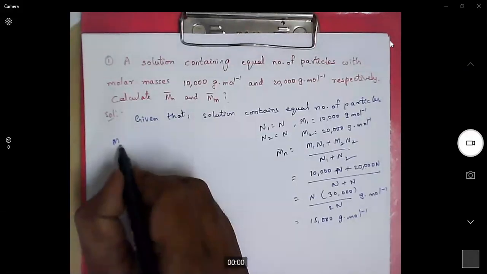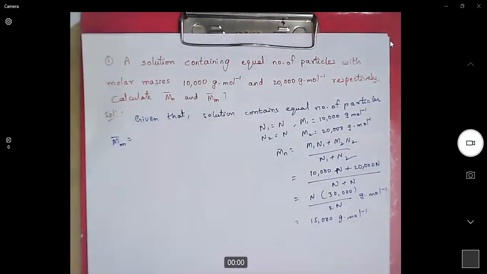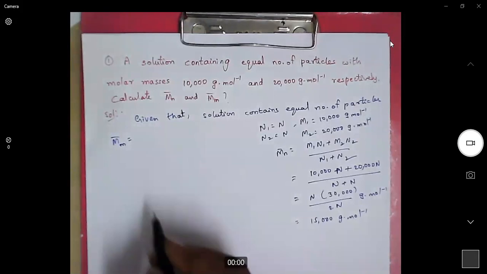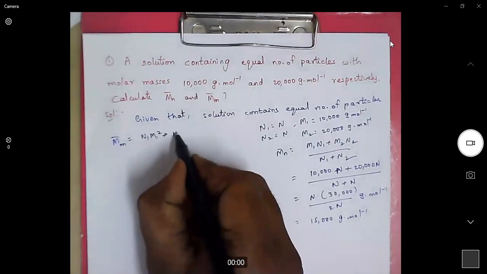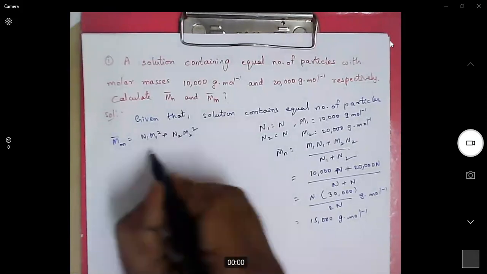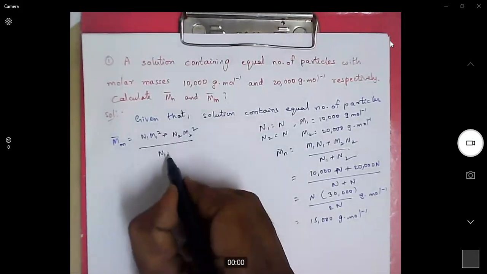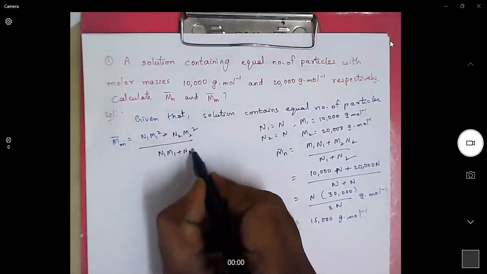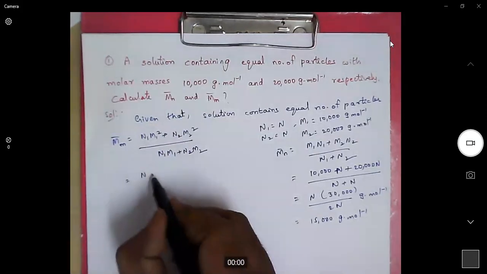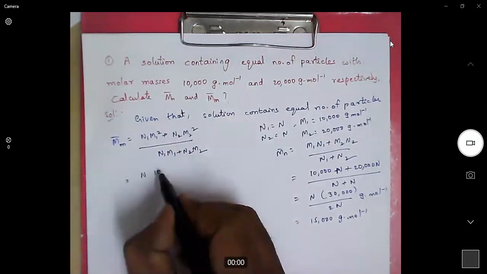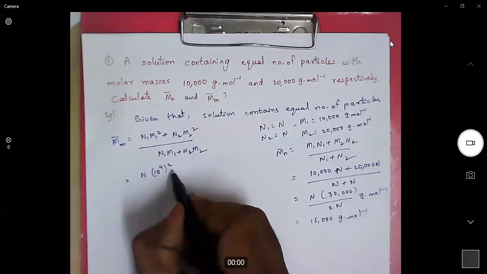Now what is the mass average molar mass? Mass average molar mass is given by N1 M1 square plus N2 M2 square by N1 M1 plus N2 M2. We need to substitute all these terms. N into 10,000 means 10 power 4 whole square.